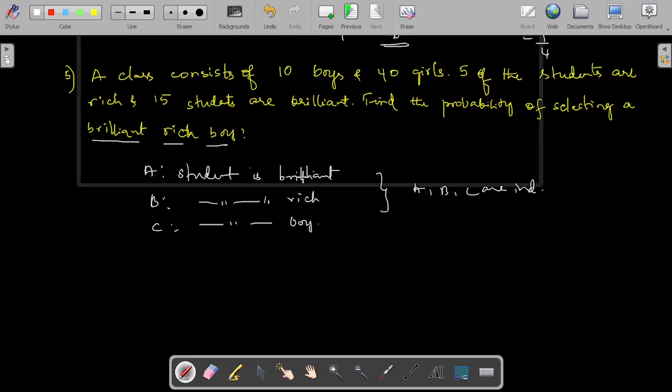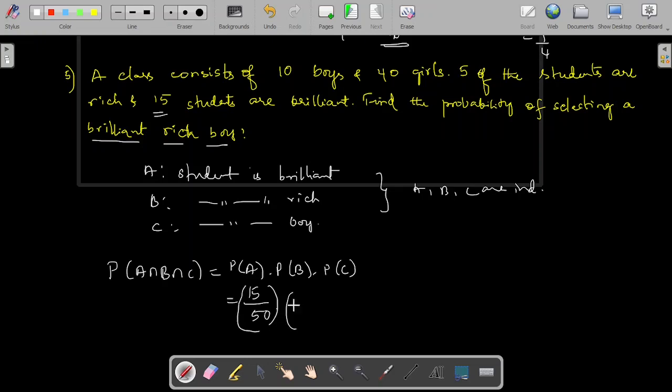It's very clear. The probability of occurrence of one will not affect the probability of occurrence of another. So P of A intersection B intersection C, brilliant rich boy, is P of A into P of B into P of C. What is the probability that a student is brilliant? There are 15 brilliant students divided by the total number of students, 10 plus 40, 50, into the probability that a student is rich.